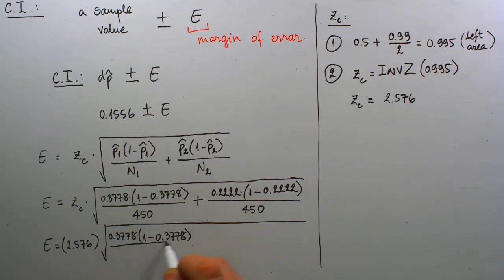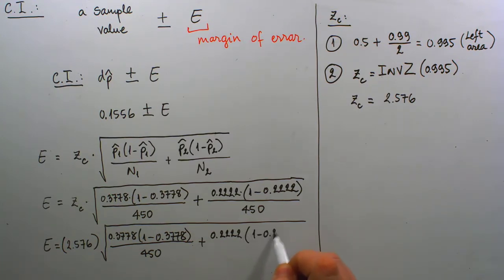It will take a little patience to do this entire calculation in the calculator. Plus 0.2222 multiplied with 1 minus 0.2222, and dividing that by the other sample size n2, 450.